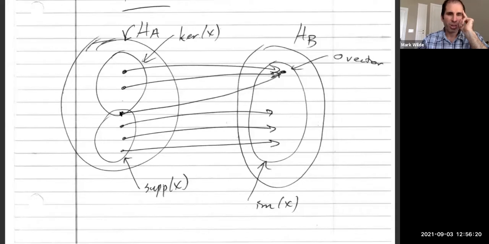The only place where they overlap is where the input is the all-zero vector. Okay, the all-zero vector is a member of both the kernel and the support. But everything else is orthogonal, and so you can think of them as distinct spaces that don't overlap. And everything in the support maps to the image, to something besides the all-zero vector. Okay.